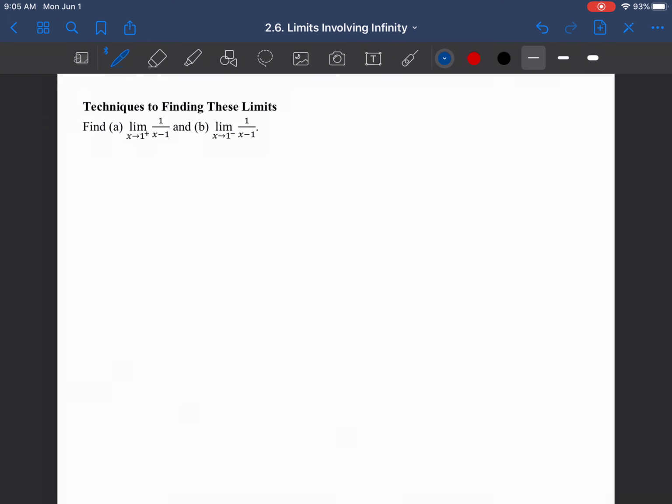So, techniques for finding these limits. Let's take a look at the limit as x goes to 1 from the left side of 1 over x minus 1. Here, let's take a look at A. We're going to have a vertical asymptote at x equals 1. And so we'll do the limit as x goes to 1 plus of 1 over x minus 1.